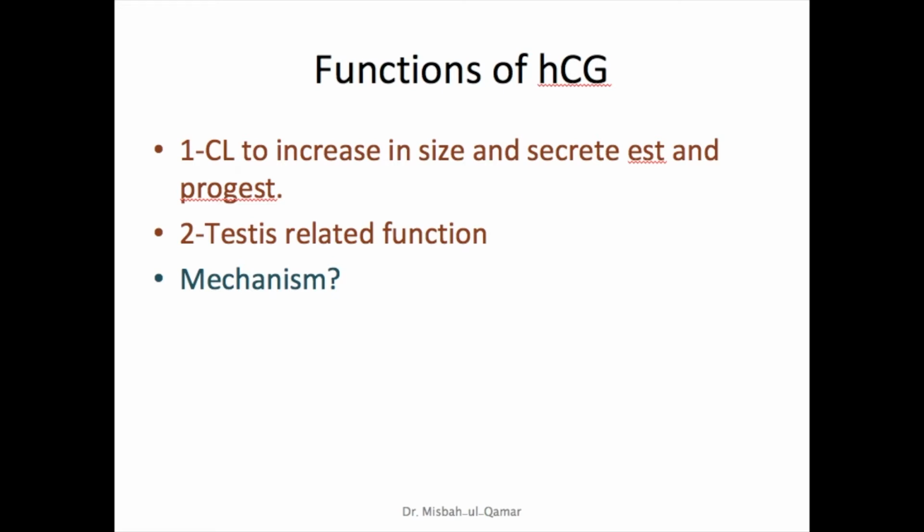The corpus luteum involutes slowly after the 13th to 17th week of gestation. The other function is the development and the descent of testes in the male fetus. The mechanism is that HCG exerts an interstitial cell stimulating effect on the testes, resulting in the production of testosterone in the male fetus until the time of birth.